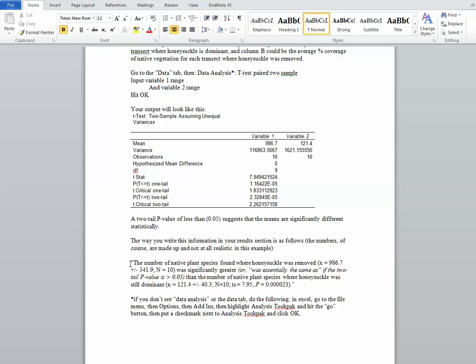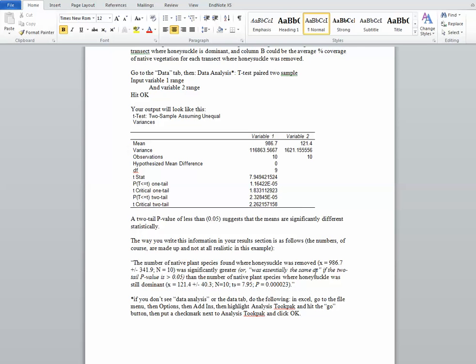Here's what I'm saying. The number of native plant species found where honeysuckle was removed, we're looking at species richness here. You could have said that. Species richness, where honeysuckle was removed, and then I put in the mean here. That's x. It should have a bar over that x, but I just put in x. That'll work. x equals 986.7 plus or minus the standard deviation.